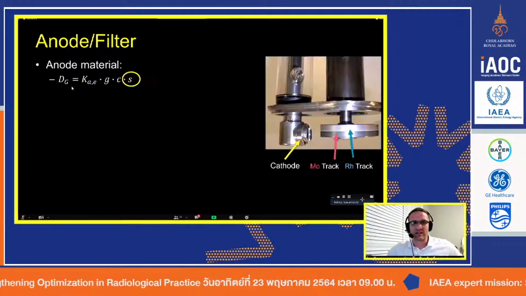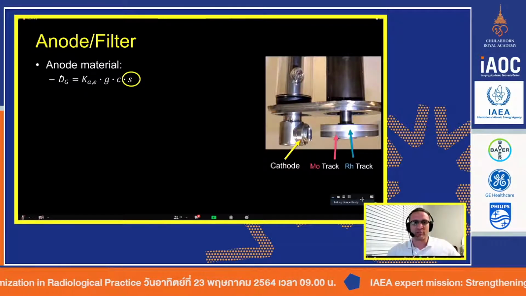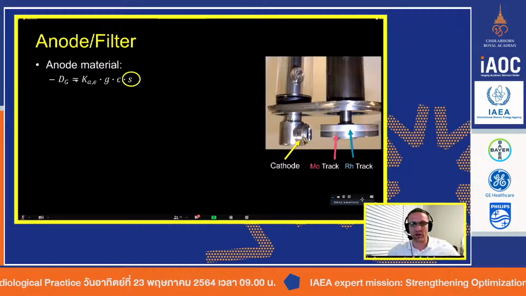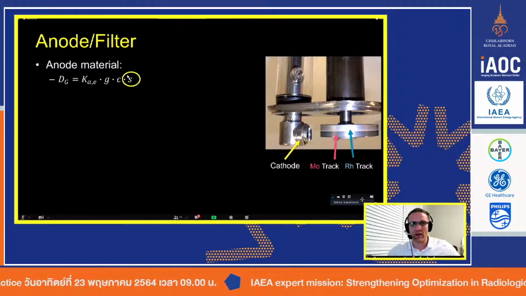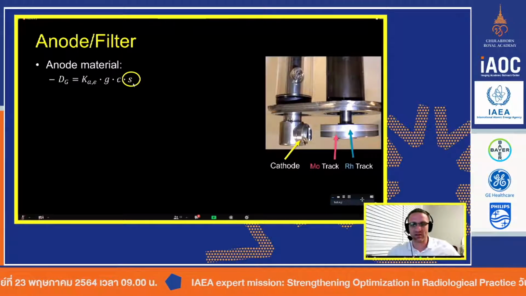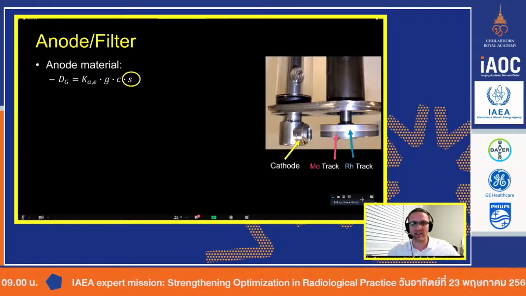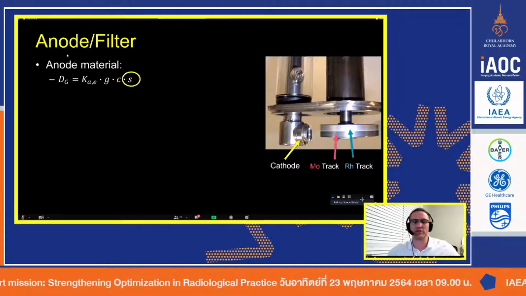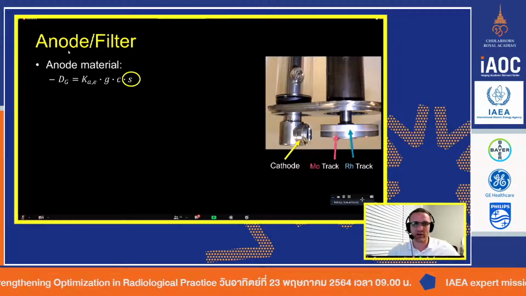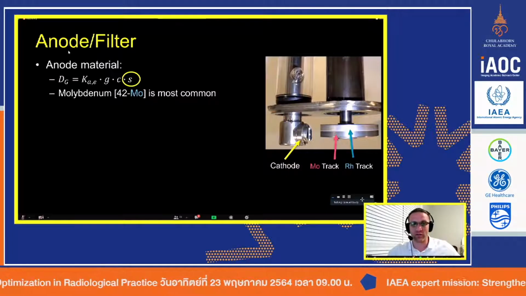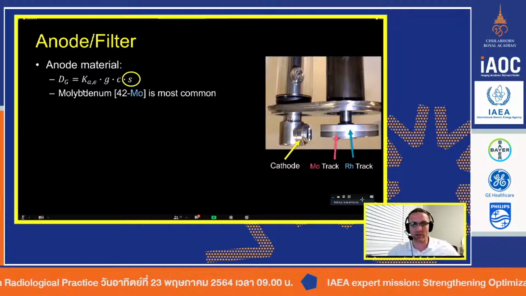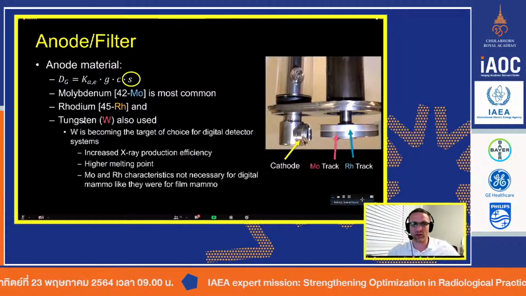All right, so the Dance method to calculate mean glandular dose, remember, we talked about this equation a moment ago. That value S, which deals with the spectrum correction, has everything to do with the type of filter, excuse me, target, anode that we deal with. So in mammography, the three most common targets are molybdenum, rhodium, and tungsten.